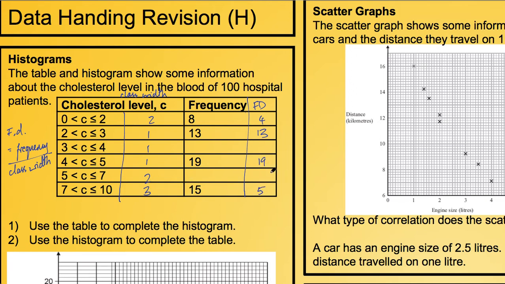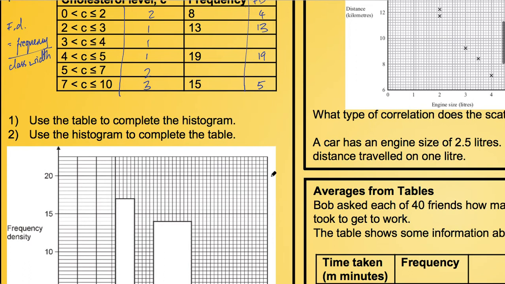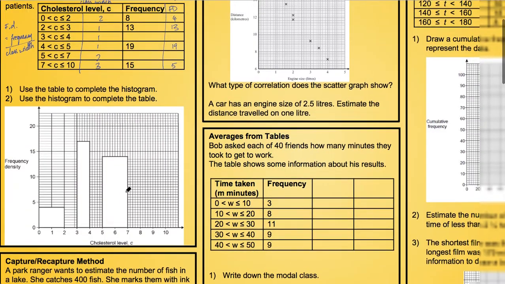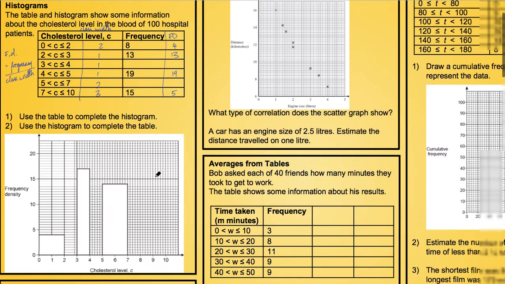So hopefully that will tally with what we've got here. So first bar should have a height of 4, and it does, and a width of 2.